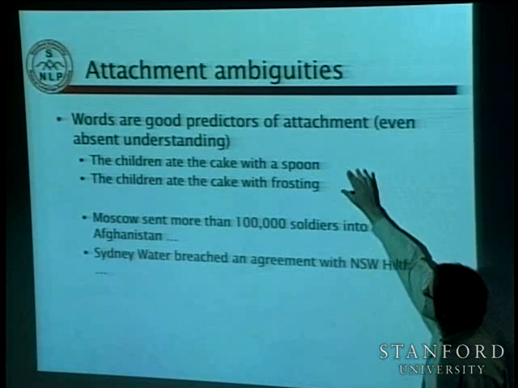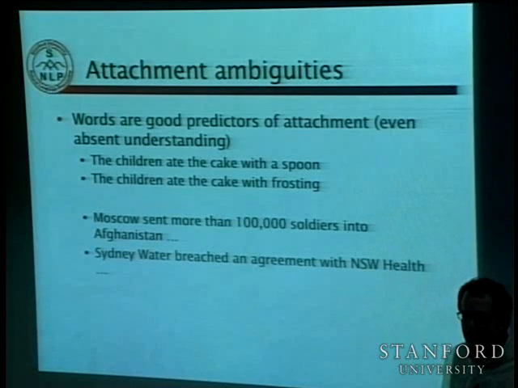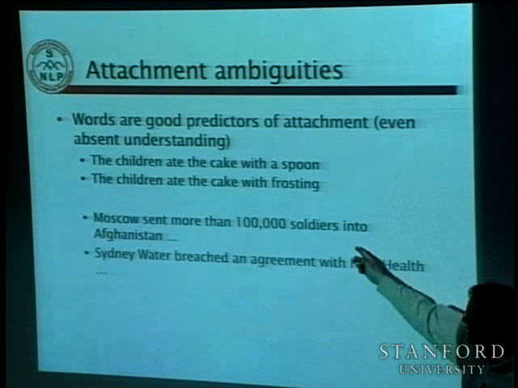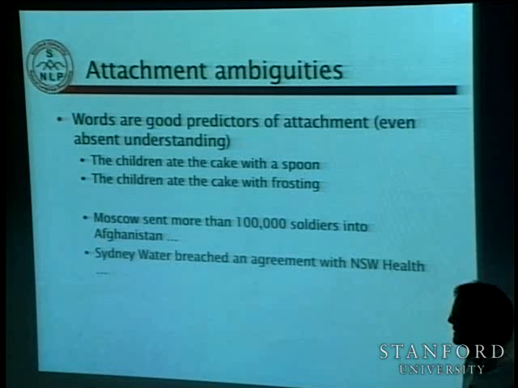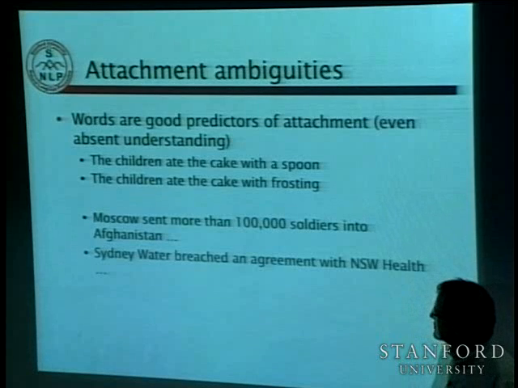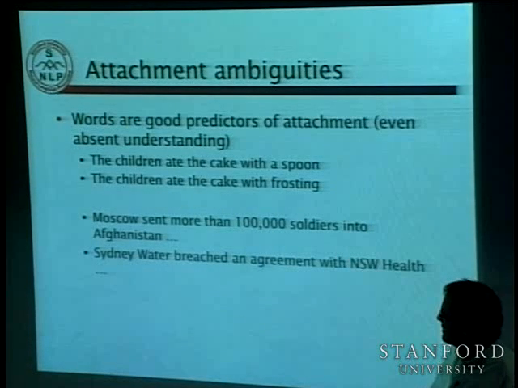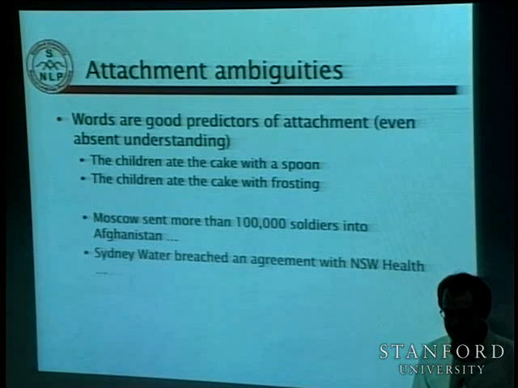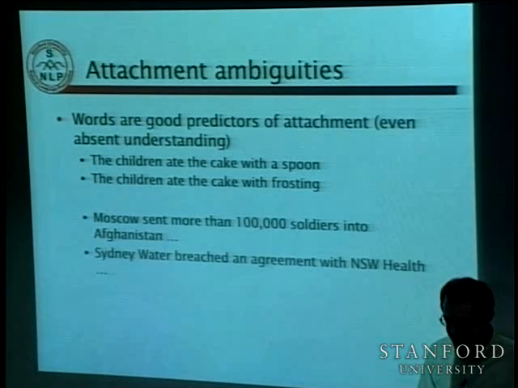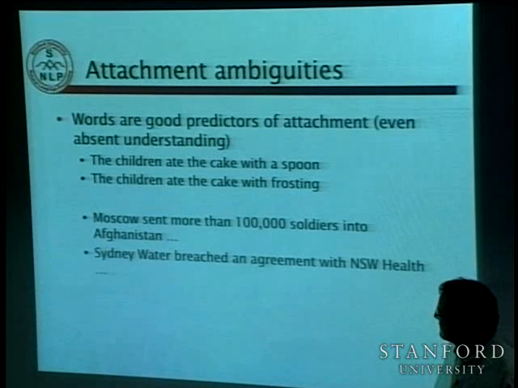That seems like the words should be more useful. And really, this is the kind of example that's made to be ambiguous. If you take real text sentences, it seems that the words determine things much more strongly. So here we have: Moscow sent more than 100,000 soldiers into Afghanistan. Send into, that's a very common idiom.